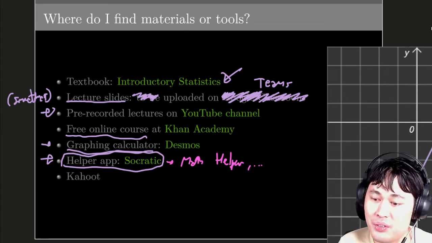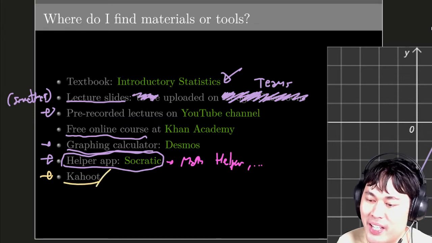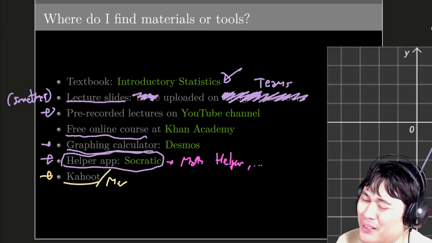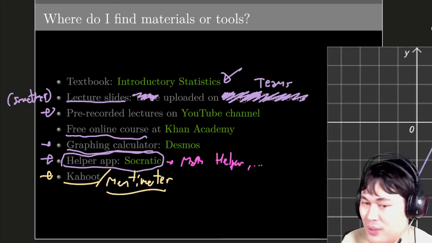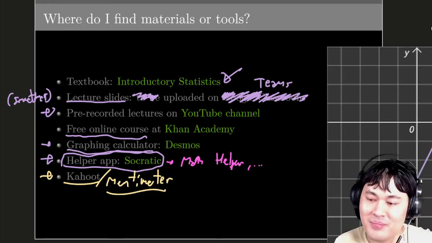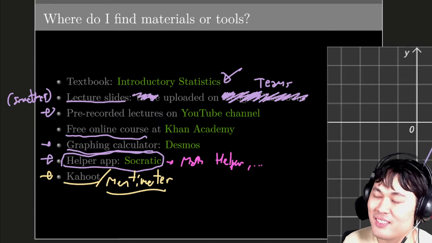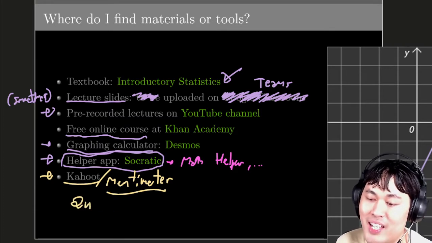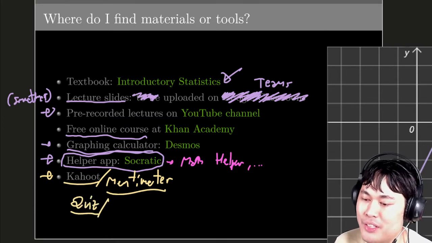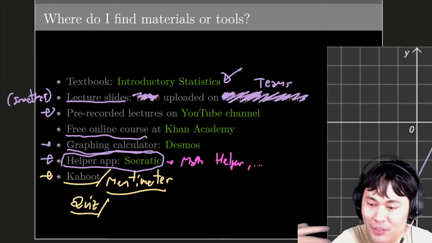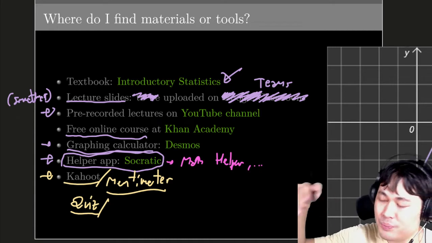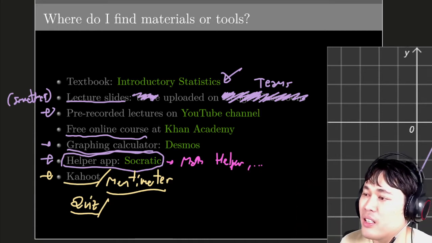And finally, we're going to use some Kahoot or, what's the other one? Mentimeter, or some interactive activities in class, which is of course some quiz, maybe a serious quiz for you to reflect or to recall the materials.